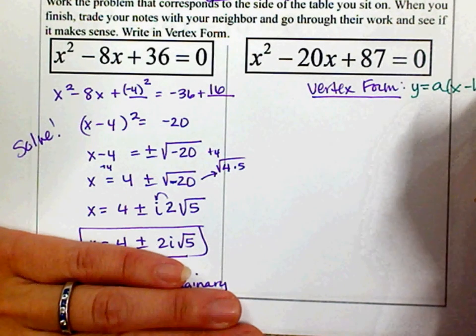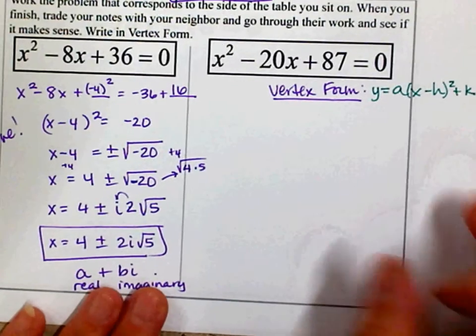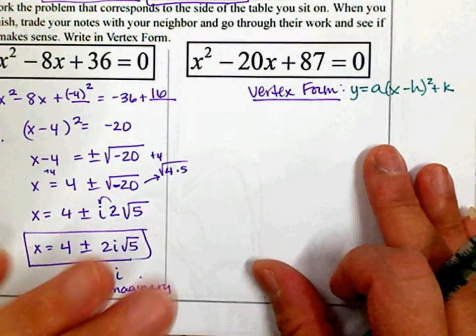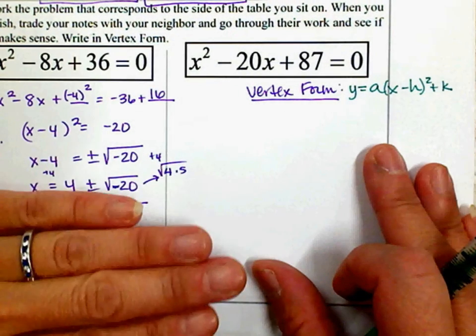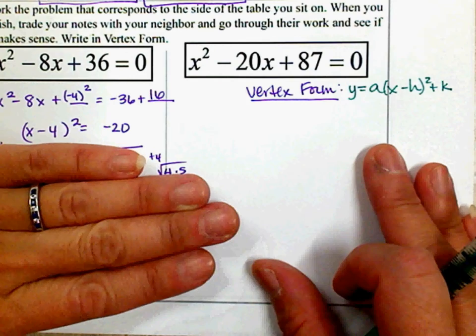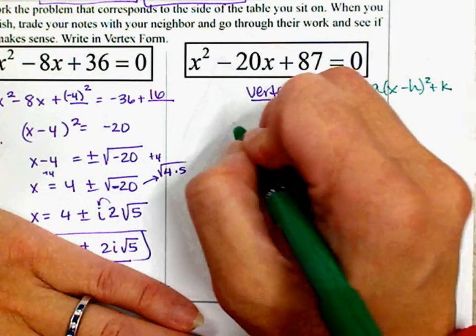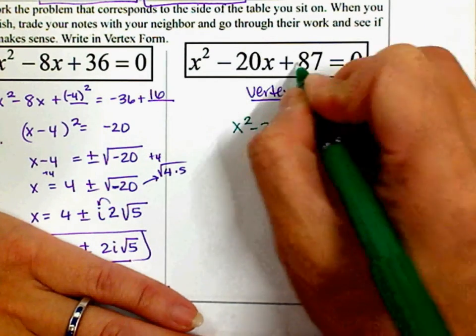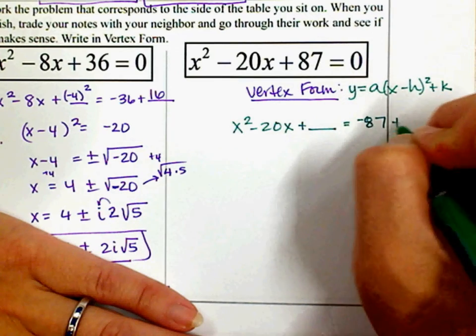So you notice it kind of changes about right here. That's where the change is. Here we go. x squared minus 20x plus a blank equals negative 87 plus a blank, because you minus 87 on both sides. Cancel.